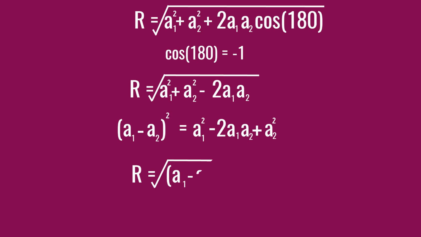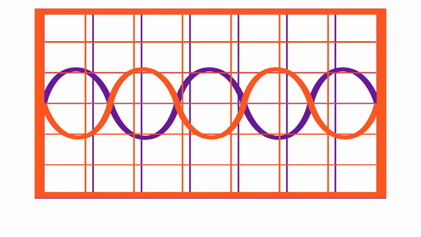Therefore R equals square root of (A1 minus A2) the whole square. As square and square root cancel each other, finally we get the resultant amplitude as R equals A1 minus A2. According to the formula, the magnitude of the resultant amplitude is smaller compared to its individual waves, and it will look something like this.